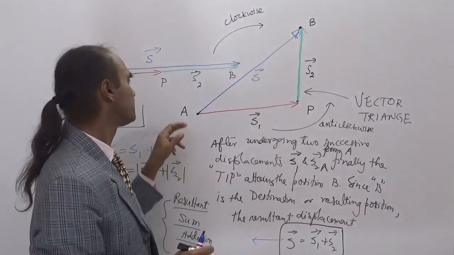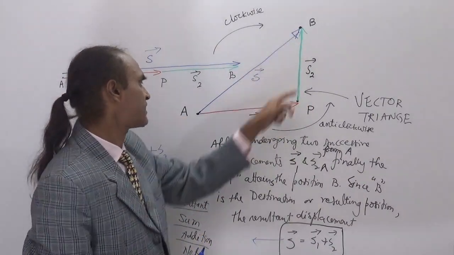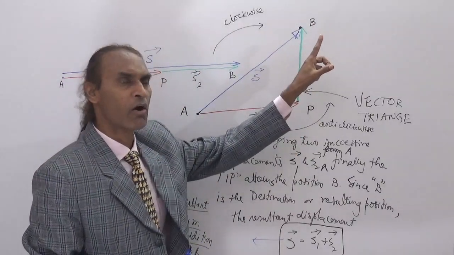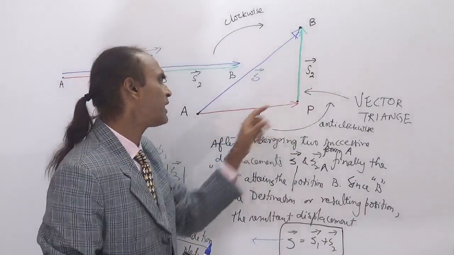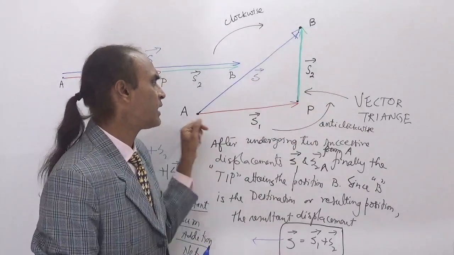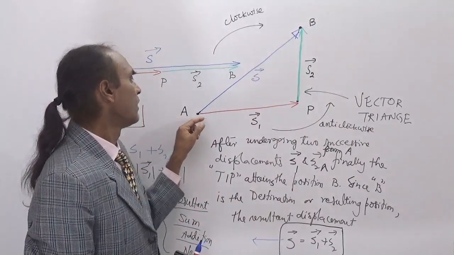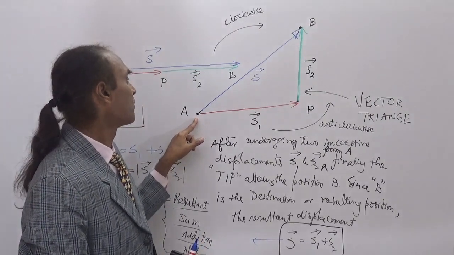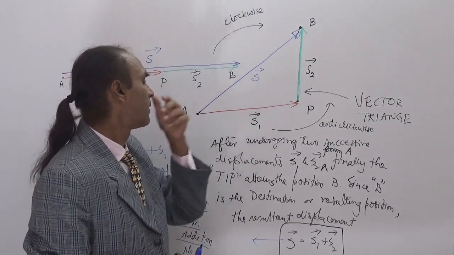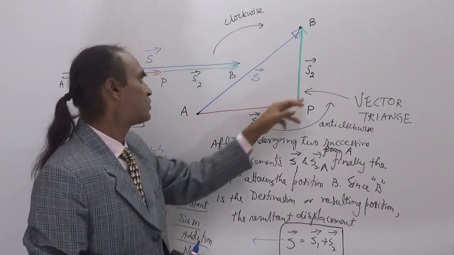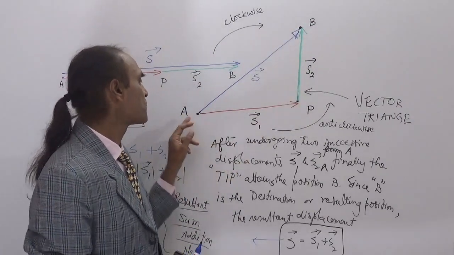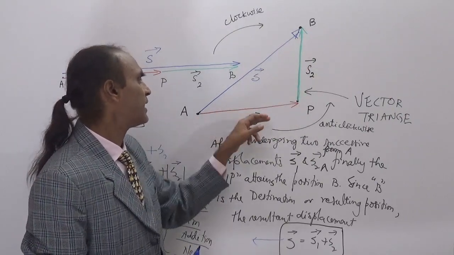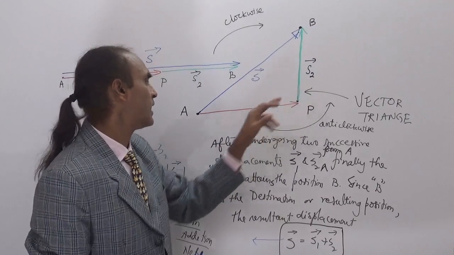In this triangle, if these two sides AP and PB are taken in a particular order, that is anti-clockwise sense, then the closing side, which side? Any two sides, AP and PB, they are taken in anti-clockwise order.